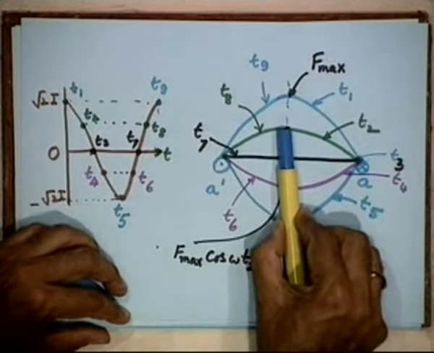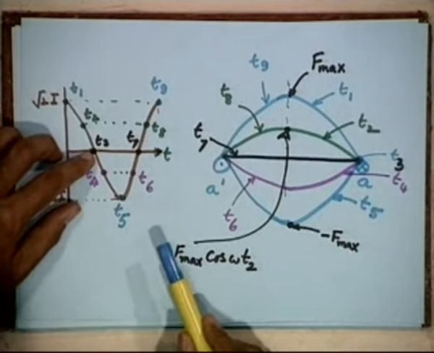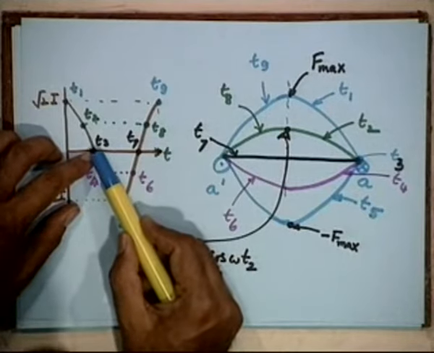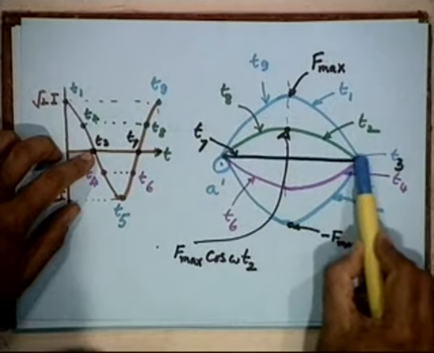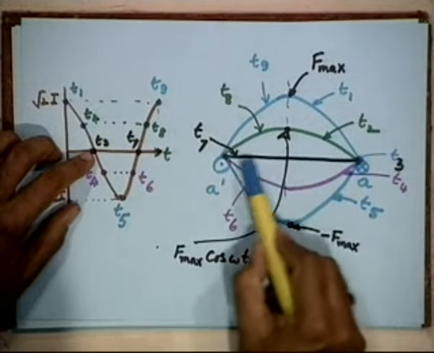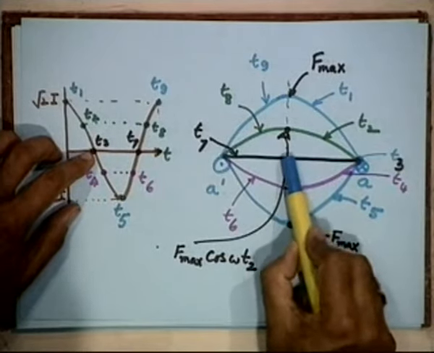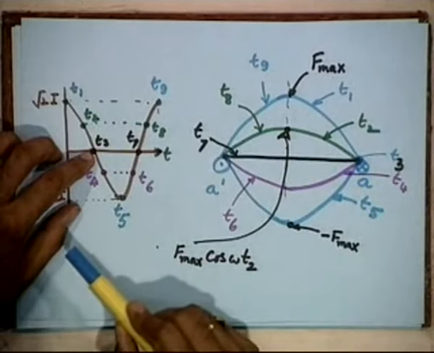So my magnet strength has decreased. Now you go to time t3. At time t3, the winding current is 0. When winding current is 0, the MMF is 0, so it is as good as a flat line. So there is no MMF at any point. At all points it is a 0 MMF, whether it is the interpolar axis or the polar axis or the coil axis or the coil position. So you have this t3.